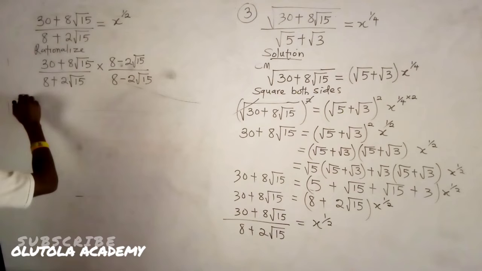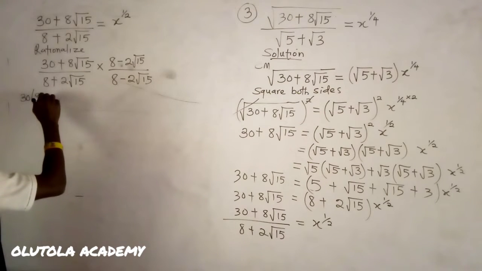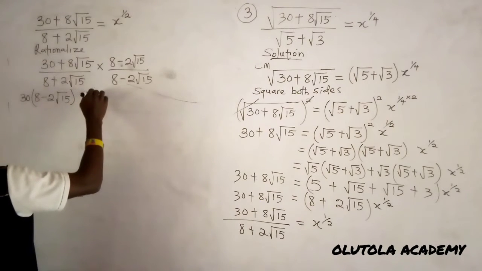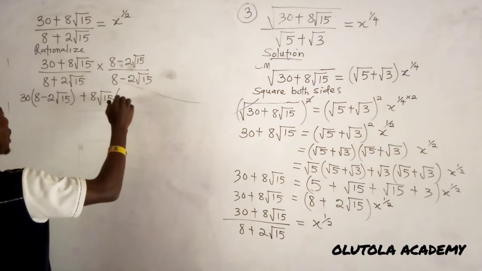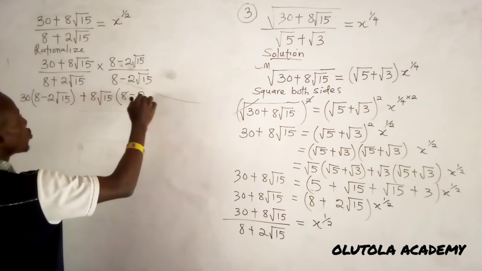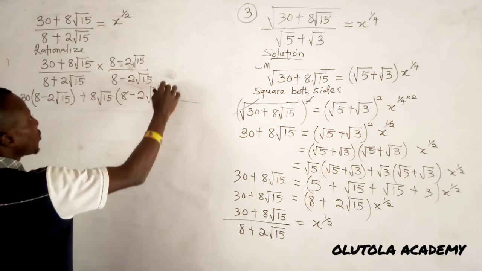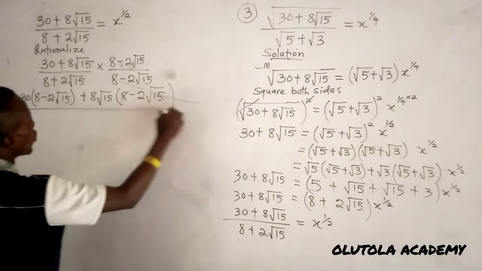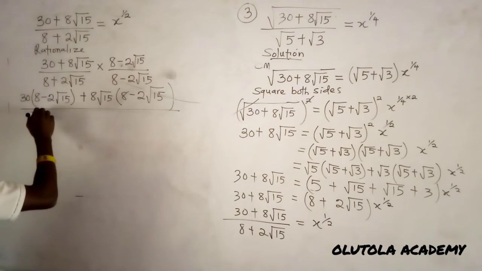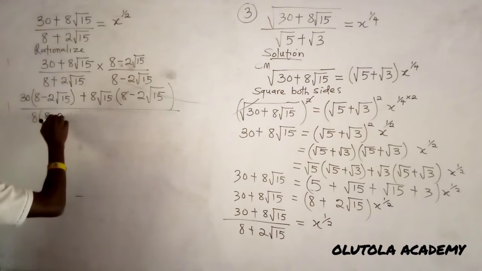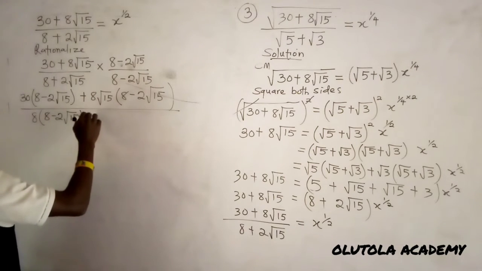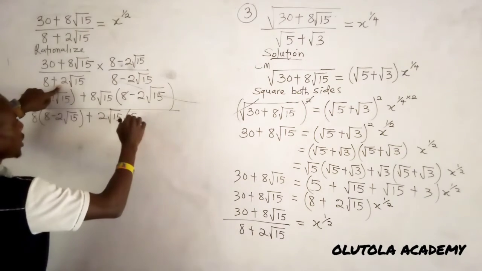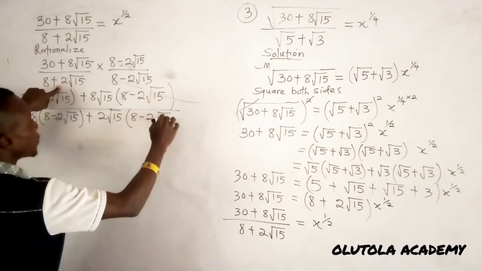So we have 30 into bracket 8 − 2√15, plus 8√15 into bracket 8 − 2√15. I love writing it out when I'm expanding so that I don't miss anything out. So all over, the denominator now, 8 into bracket 8 − 2√15 plus 2√15 into bracket 8 − 2√15.